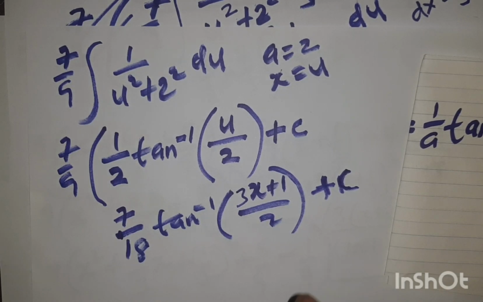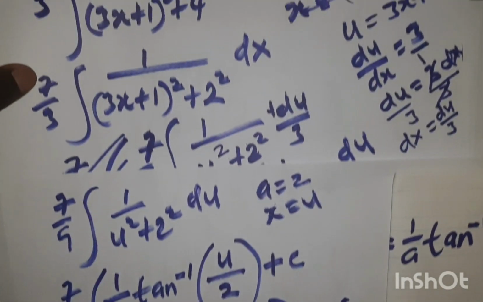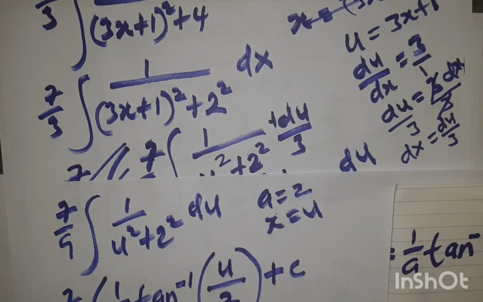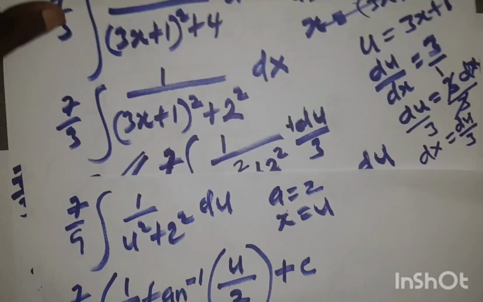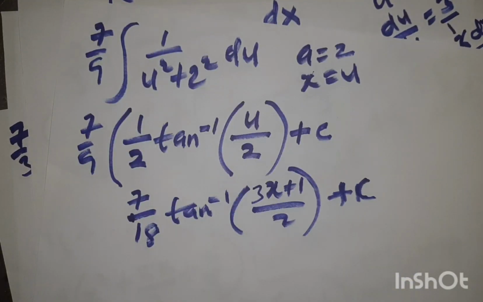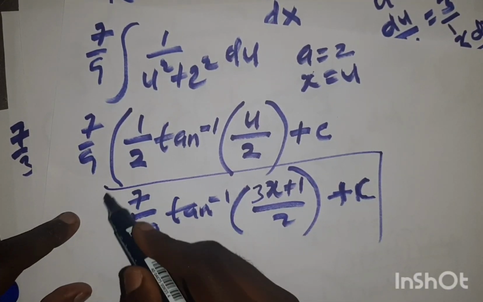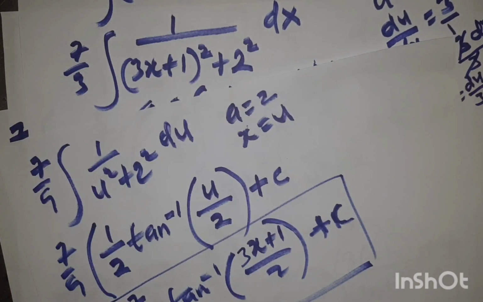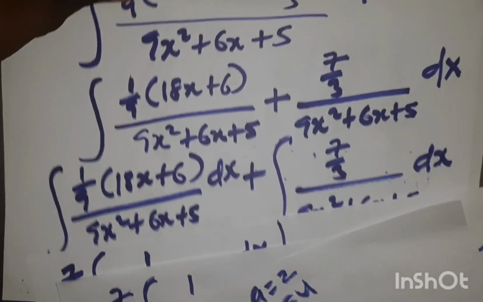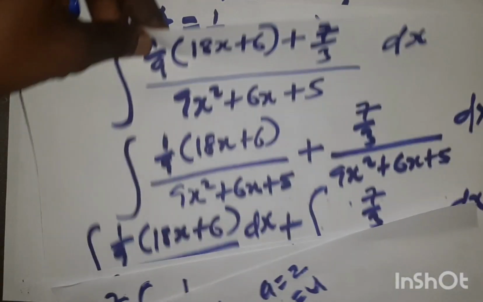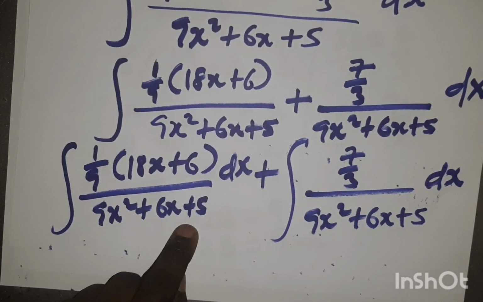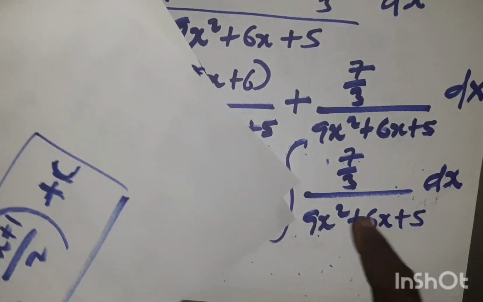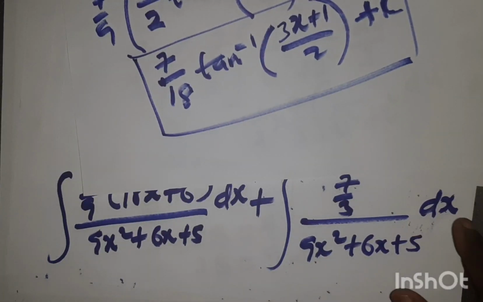So now this is what we got after integrating this other one. So now I have so many solutions here. So this is for the second integration problem. Remember, we did the first one. We got the value. The second one, we got this value for the second one.